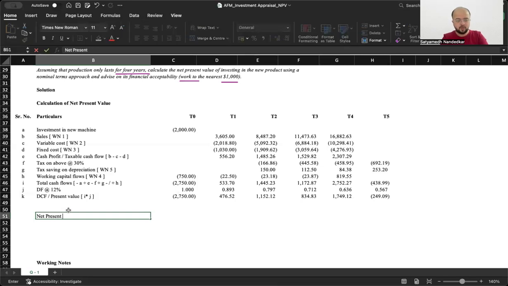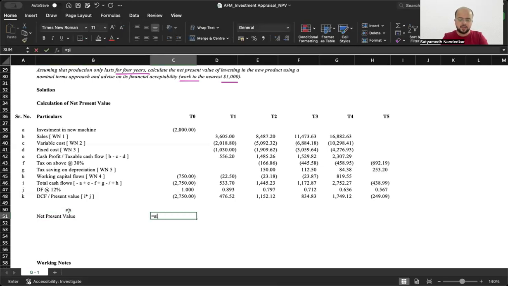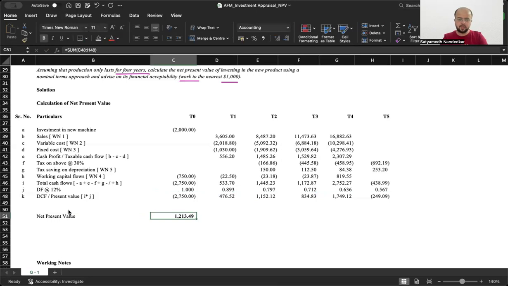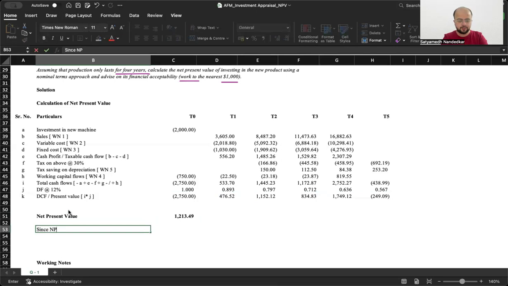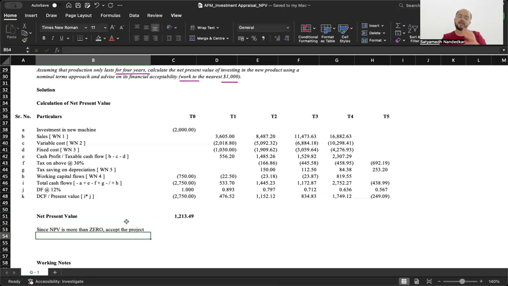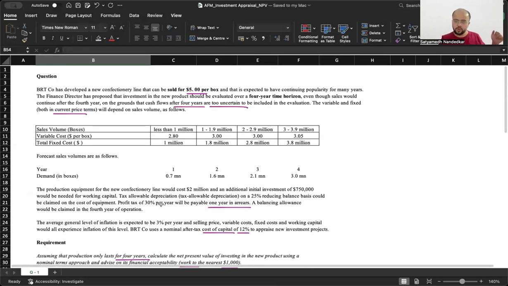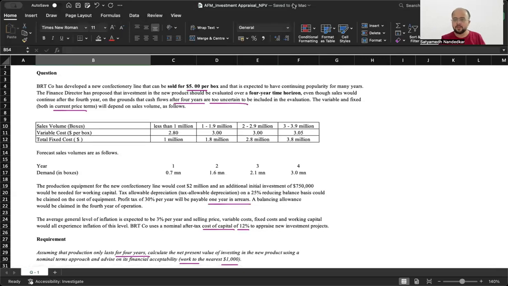Which is present value of inflow minus present value of outflow. 1213.49. And since NPV is greater than 0, accept the project. So this is in short how you would tackle this particular question. Go through it once. If you have any questions, please let me know.